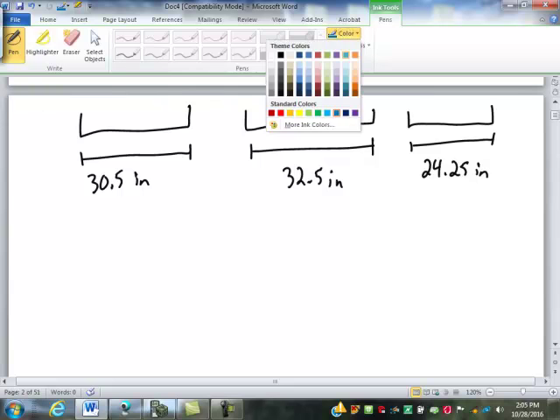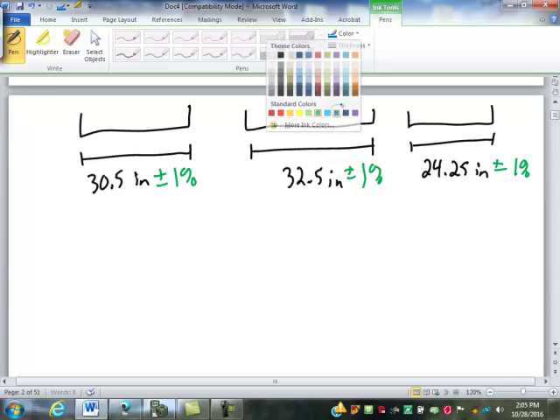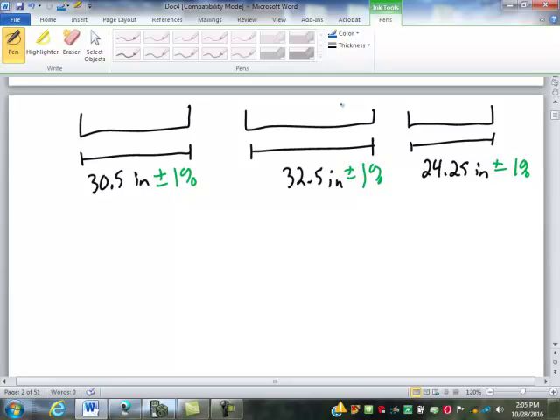So rather than doing plus or minus a certain number of hundredths or tenths of an inch, we might do plus or minus 1%. So all of them would have the same relative error. Now that would result in a little bit different absolute error for each of them.